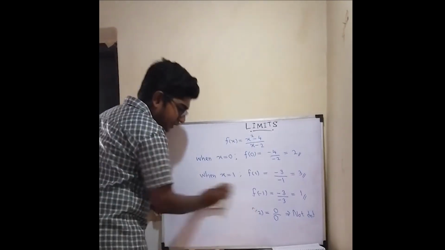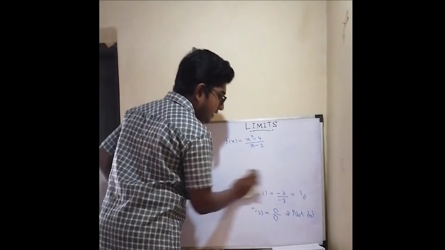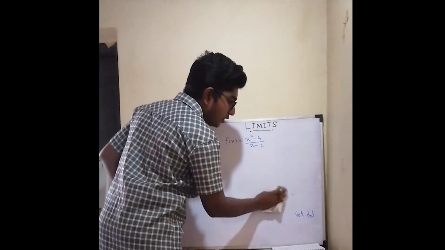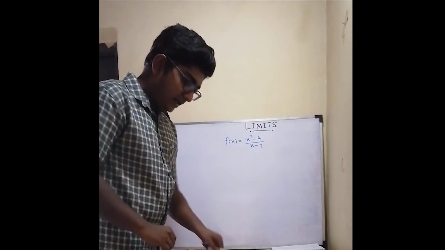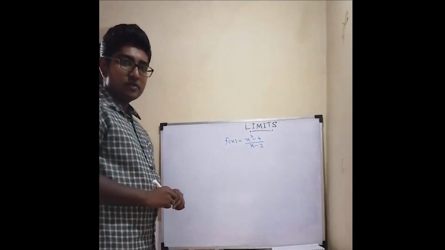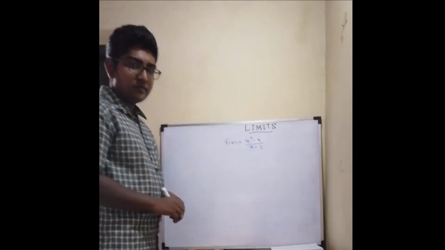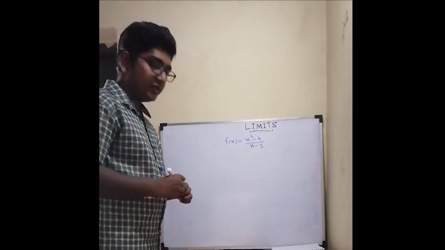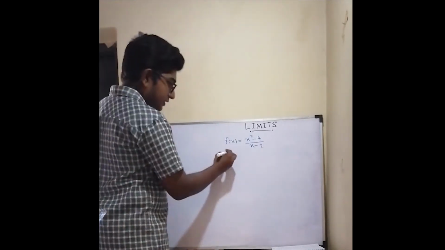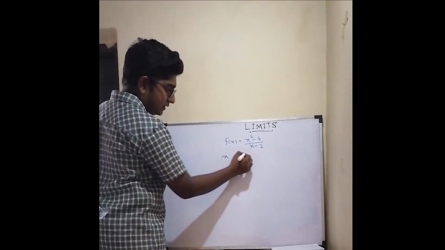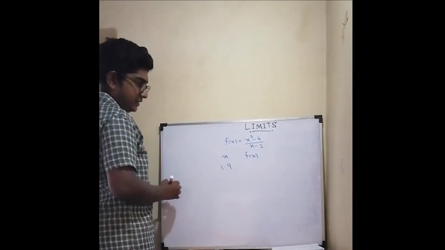Keeping that in mind, now let us find what's going to happen when we take x values very close to 2, because when x equals 2 we got a not defined answer.